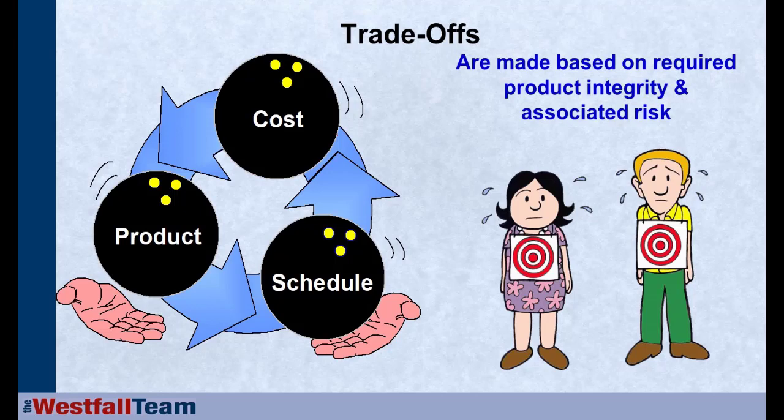We are trying to make sure that the product meets all its intended use in the field, validation, and that it meets all its specified requirements, verification, so that it's got all the functionality at the appropriate quality levels, that it is secure, that it is safe, that it is reliable, that it is user-friendly, all those good quality attributes that we talk about. But it's going to cost us money and take us time to do that. The more verification and validation we do, the more it's going to cost and the longer it's going to take. So we need to be doing these trade-offs.